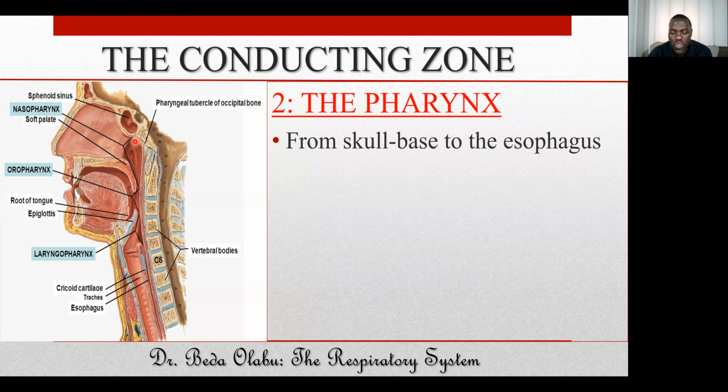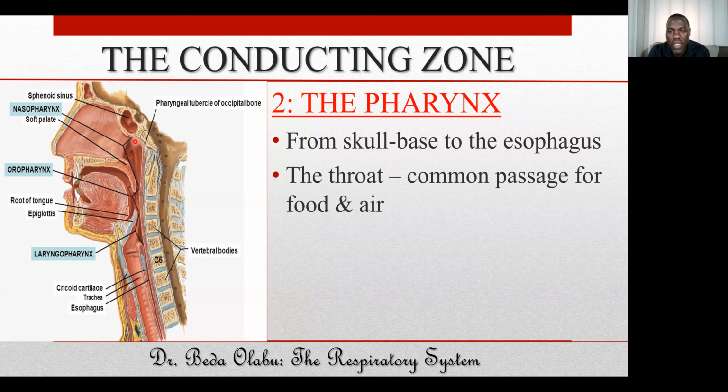The other name of the pharynx is the throat. Remember, the throat is a common passage for both food and air. And so it's a tricky zone, because food will pass here, and air also passes through here. Usually, when food is passing, breathing is arrested so that you don't choke.